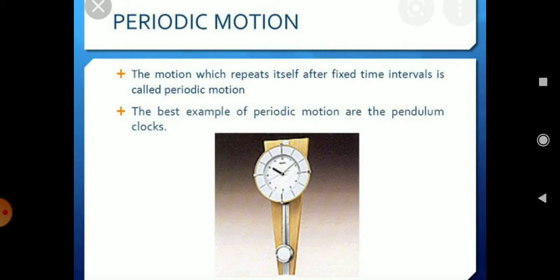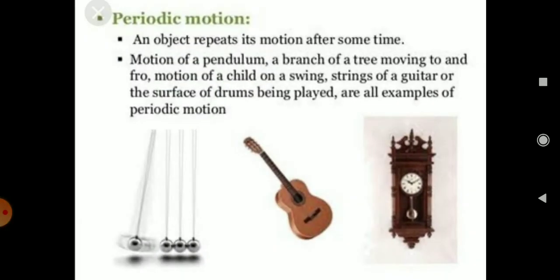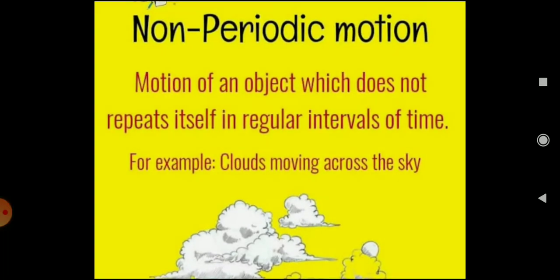Periodic motion repeats itself after a fixed time interval. The best example of periodic motion is pendulum clocks. It can also be shown by the branch of a tree moving to and fro, the motion of a child on a swing, the strings of the guitar, and others.